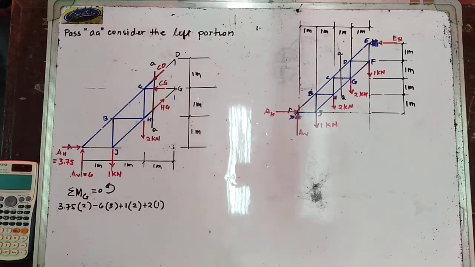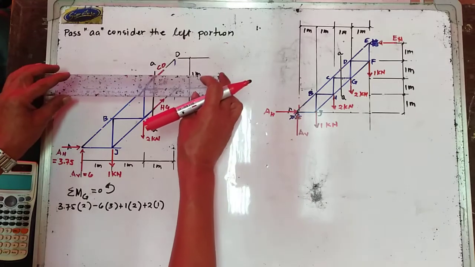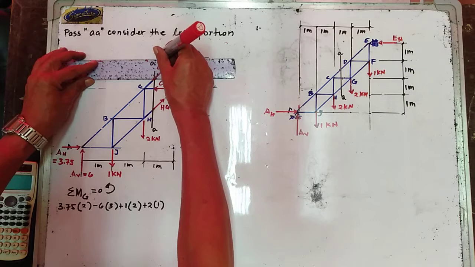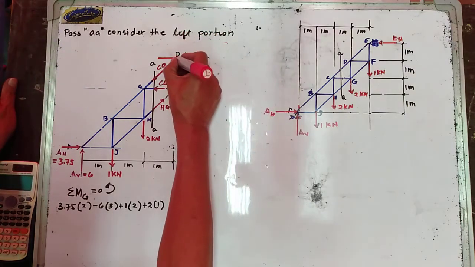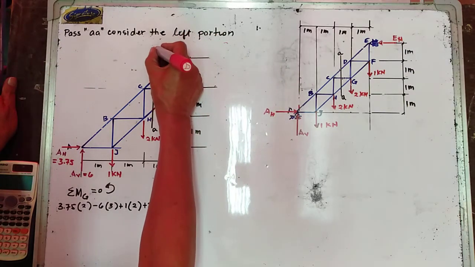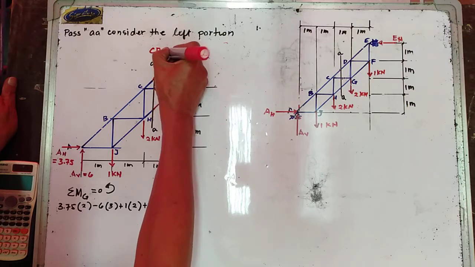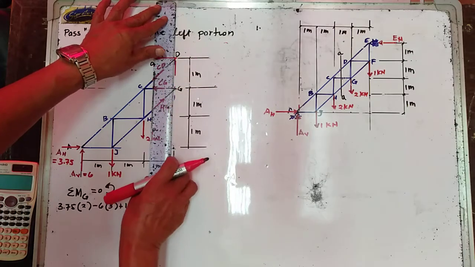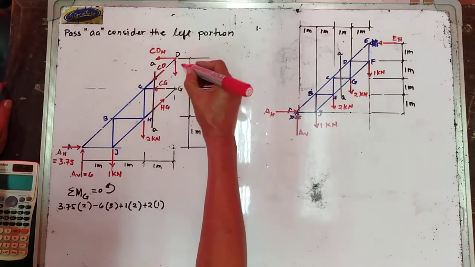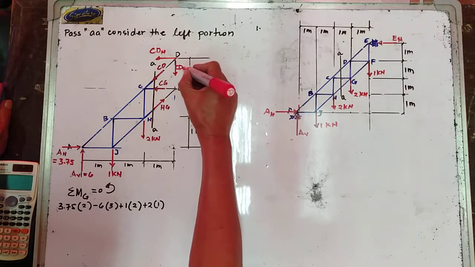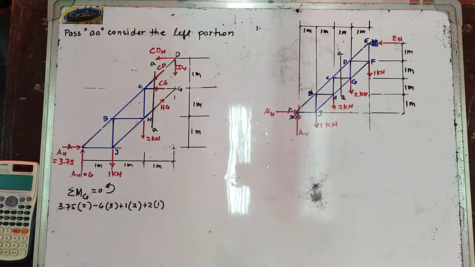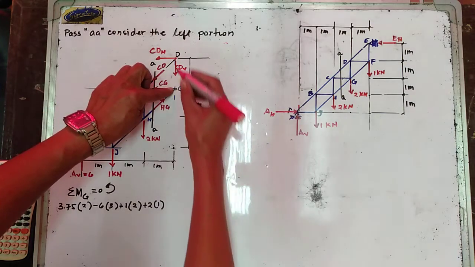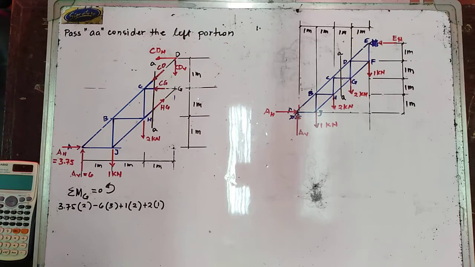So your CD, I am going to resolve CD into horizontal and vertical components at joint D. So this is your CD horizontal, and this is now your CD vertical. Your CD vertical has no moment about point G because it passes through your moment center.